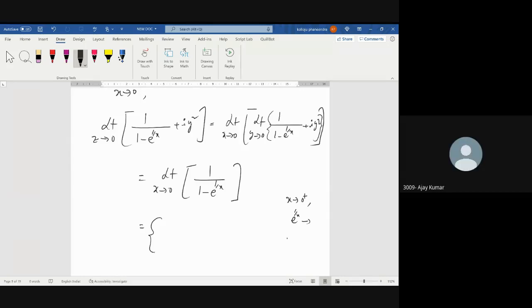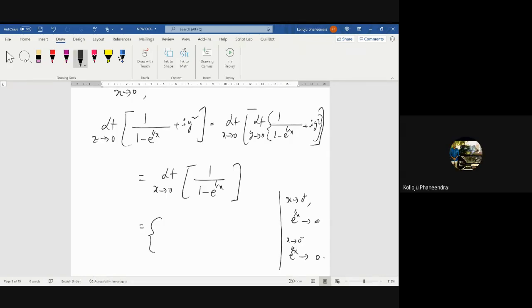When x tends to 0 minus, e to the power of 1 by x tends to what? Negative, so this is 0. And when x tends to 0 plus, it is infinite.